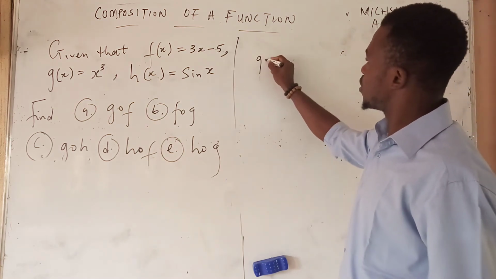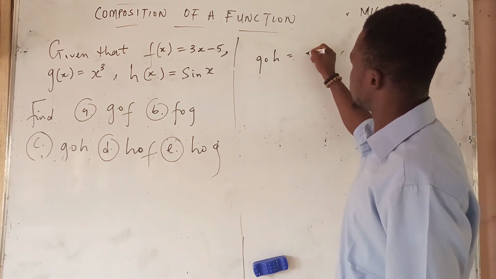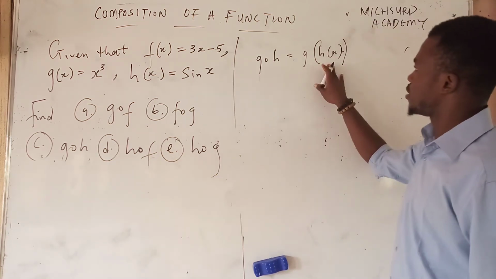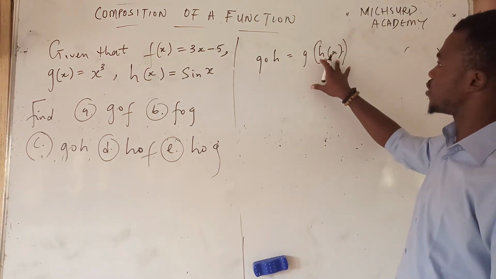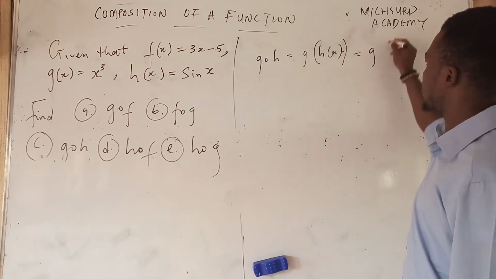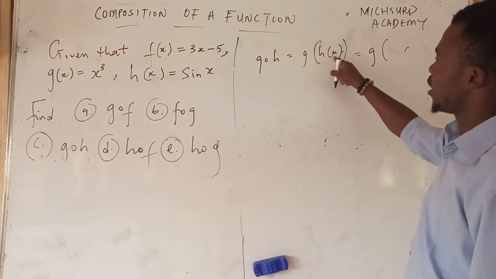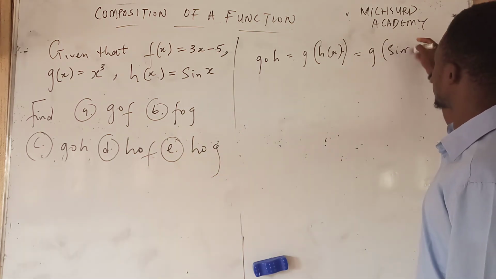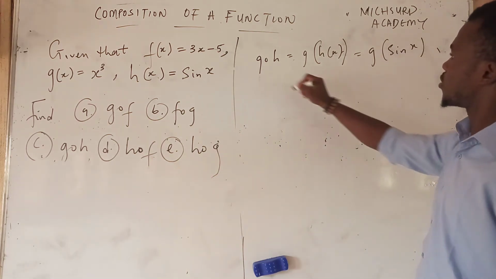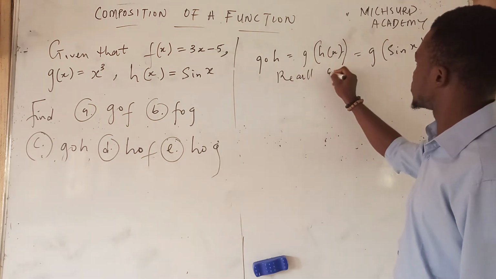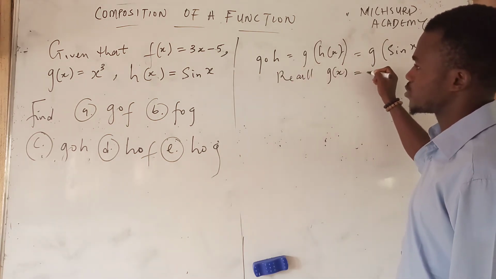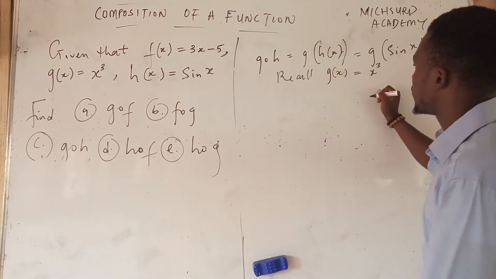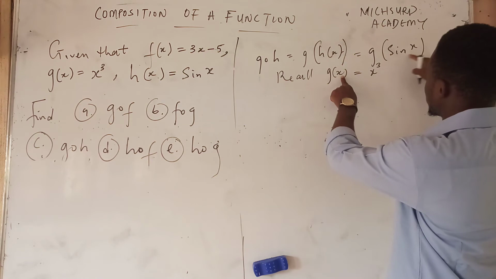So g of h, which is g h of x, means we are composing the h of x into g. So we have g h of x. Our h of x is given as sine x, right? So we write sine x. But we recall that g of x is equal to x raised to the power 3. So that means anywhere I see x, I'm putting sine x.